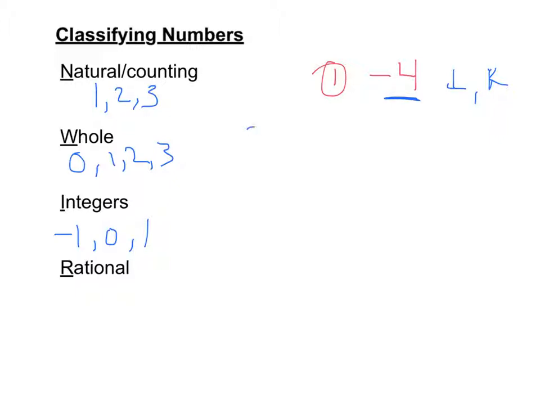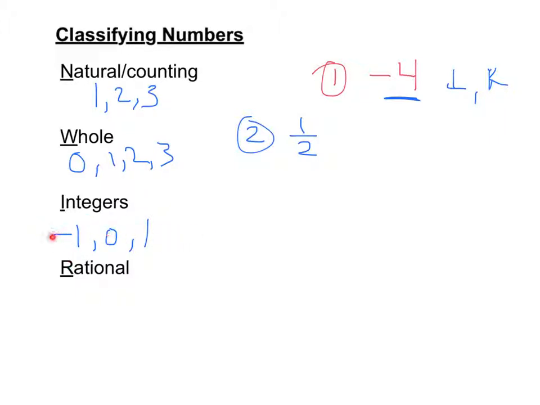Okay, number 2, 1/2. When I'm naturally counting, do I count to 1/2? No, that would be silly. So it's not natural counting. Whole: is it 0 or do I naturally count to it? Nope. Is it an integer? Would I see 1/2 on this number line?